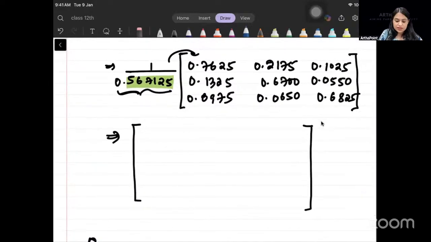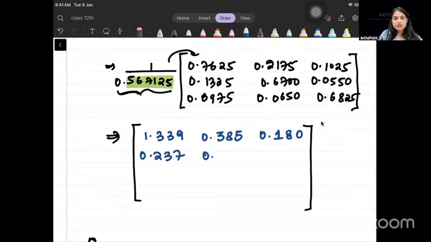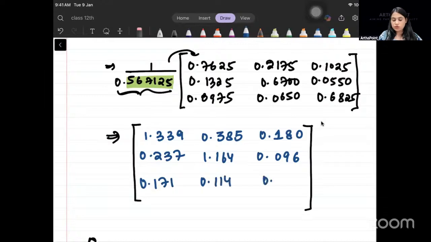Just keep dividing this. So you will get here 1.339. I am telling you from my working. 0.385, 0.180, 0.237, 1.164, 0.096, 0.171, 0.114 and 1.210.